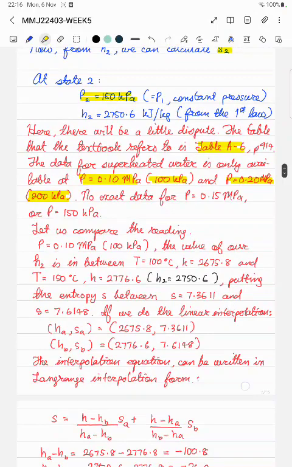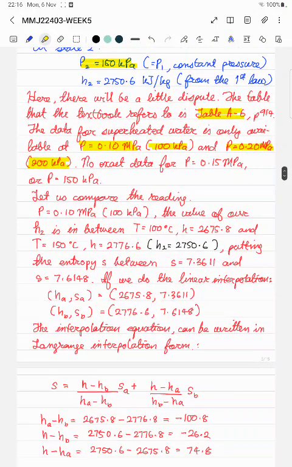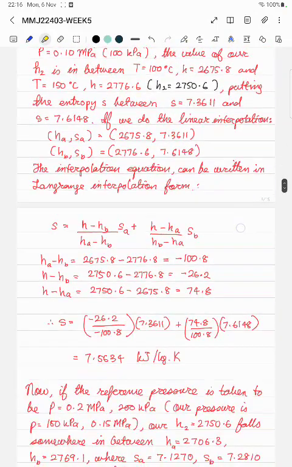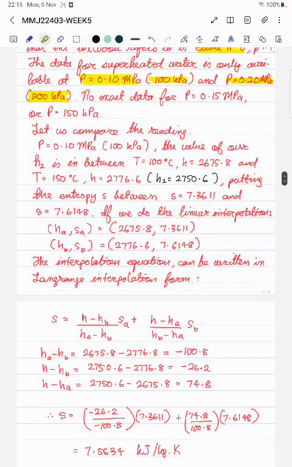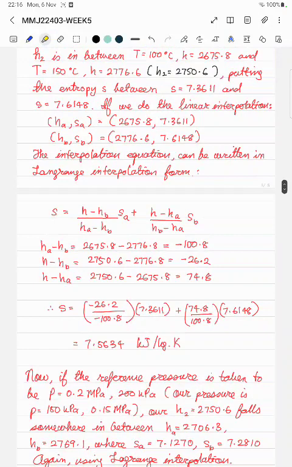But I'm going to show you that you cannot really do that. In the end of the calculation, if you use the table for 0.1 megapascal, you end up with your entropy being 7.5634 kilojoule per kilogram Kelvin.